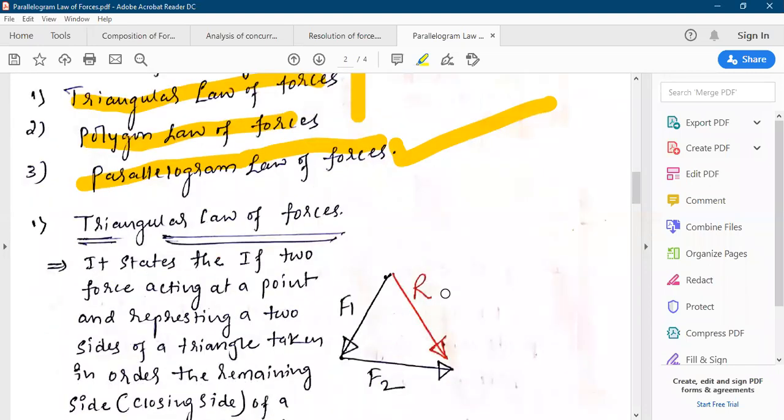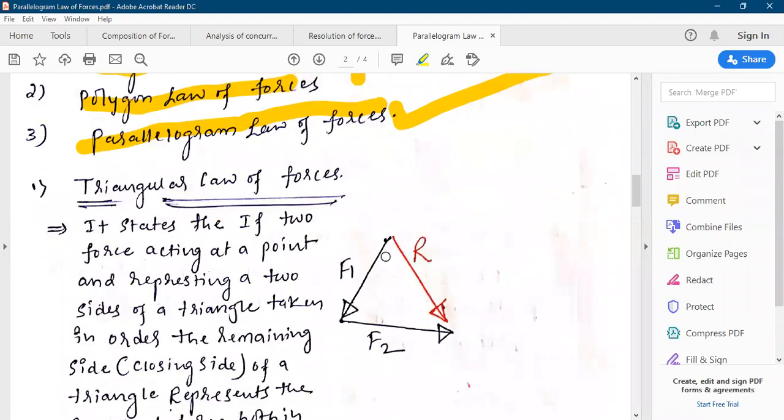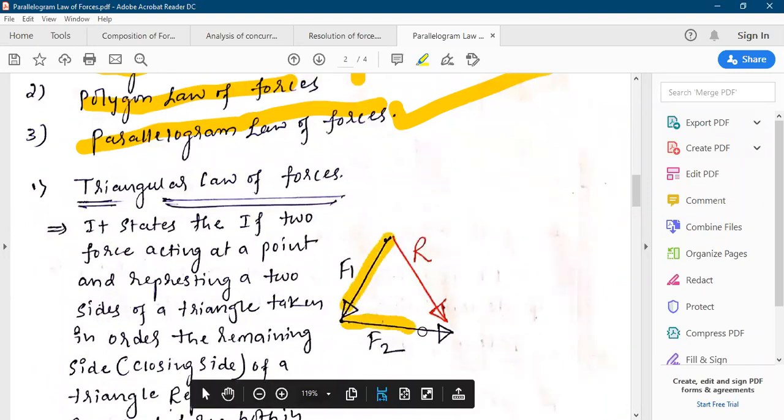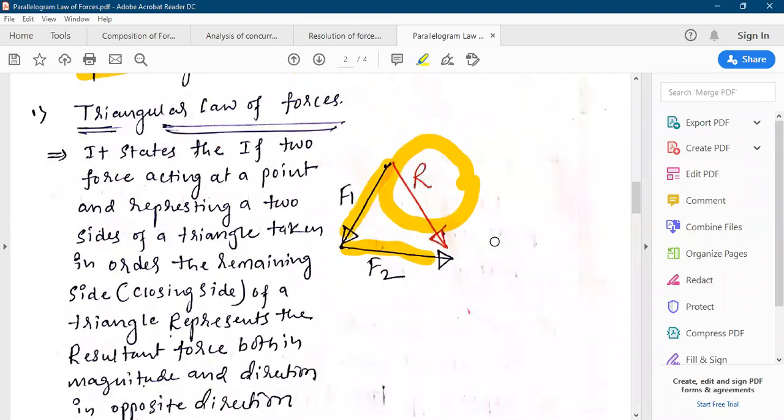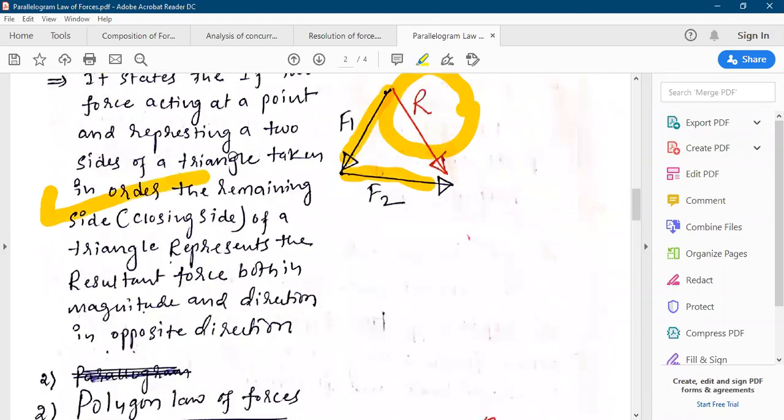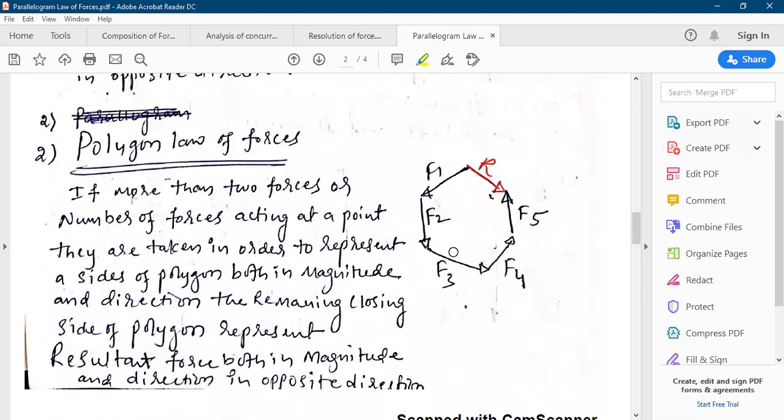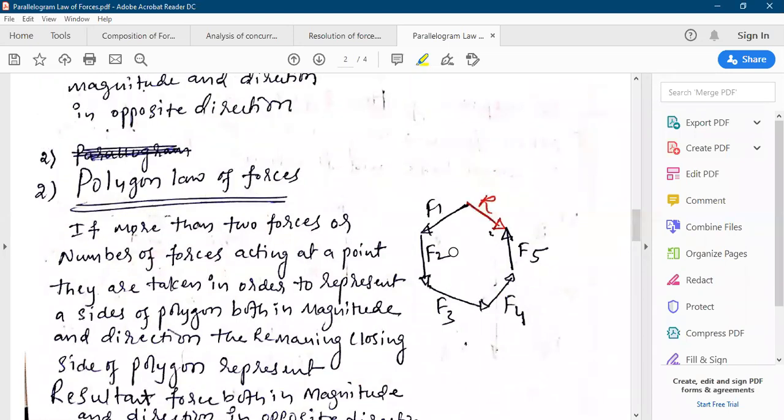The triangular law of forces says that if two forces are acting at a point and can be arranged as two sides of a triangle, taken in order, the remaining closing side will represent the resultant force. Similarly, if a number of forces are acting at a single point and can be represented as the sides of a polygon, taken in order, then the remaining closing side represents the resultant force.